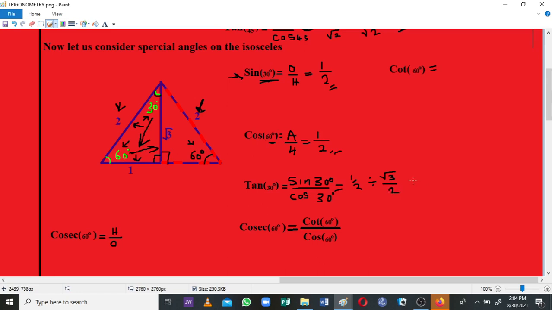Now this gives us 1 over the square root of 3. So this is the value for tan 30.